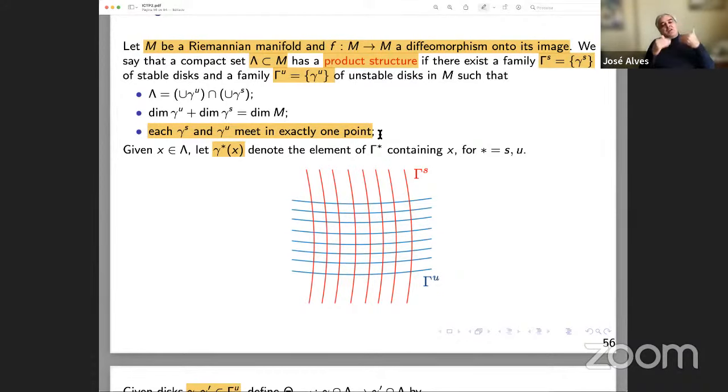Here, if you think of lambda as our hyperbolic set, then this is a global product structure, but in lambda, which is a local set. So it's global in lambda. Yes, that answers my question. That's why we can make a global quotient. Otherwise, we would have problems.